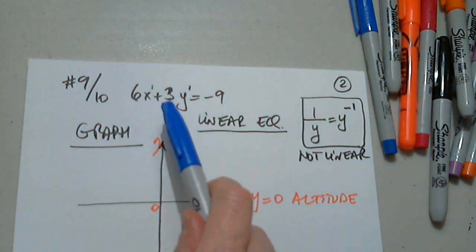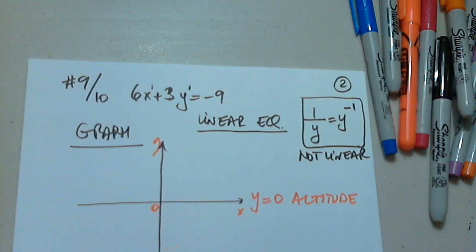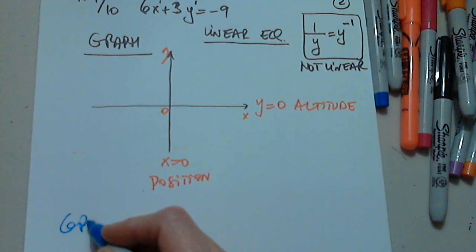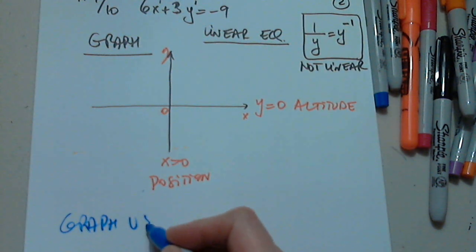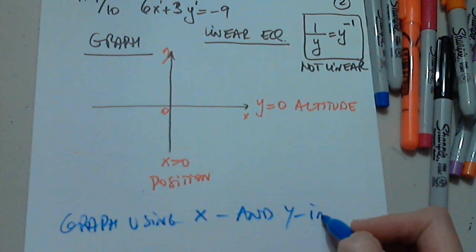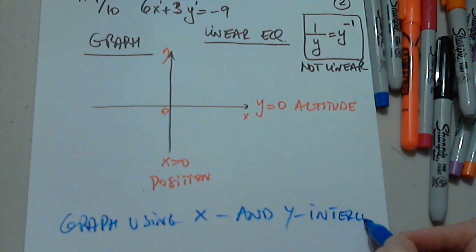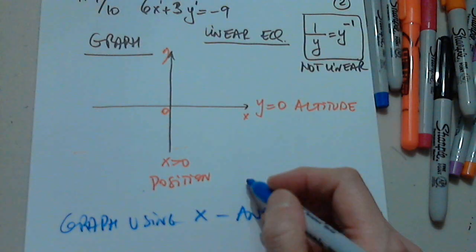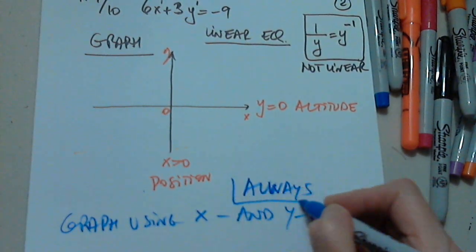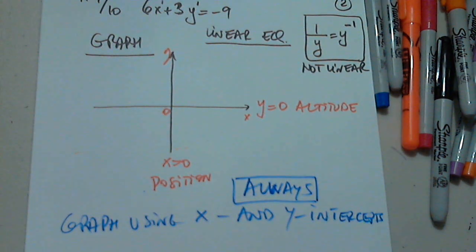Now, when I want to graph, I always graph using the x and y intercepts. Always look for the x and y intercepts. They may exist or may not exist in different situations, but we always look for them.